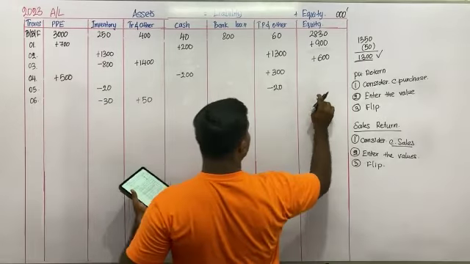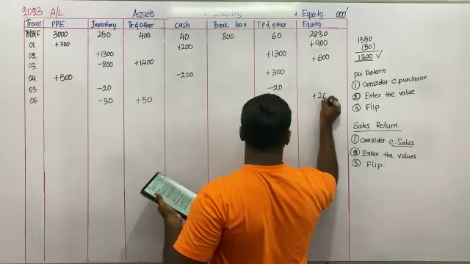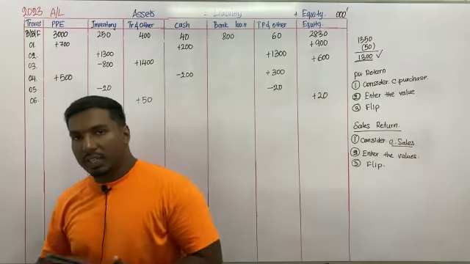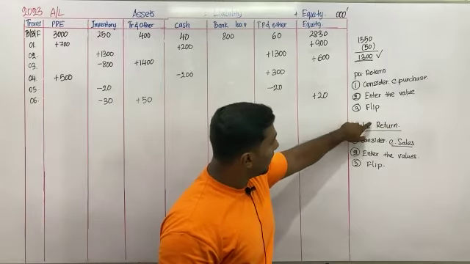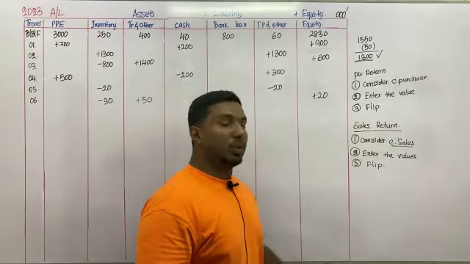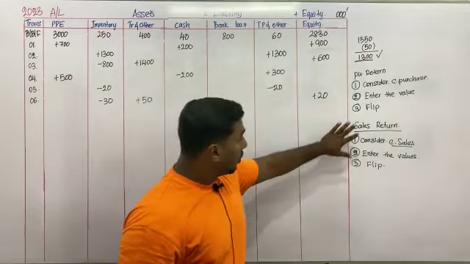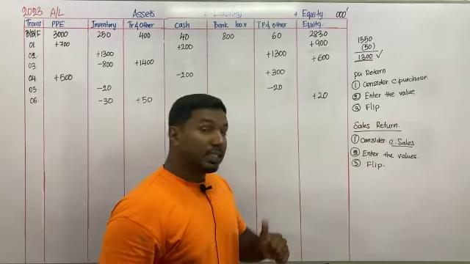The equity, the profit will be plus 20. Actually, this is the transaction in my mind. So I have converted it into a credit sales transaction.